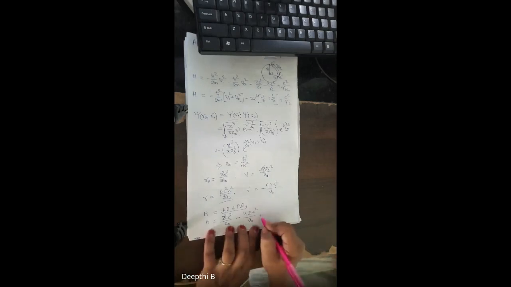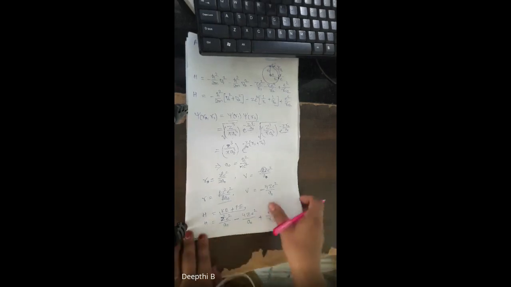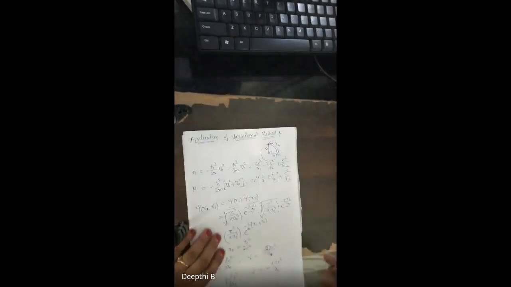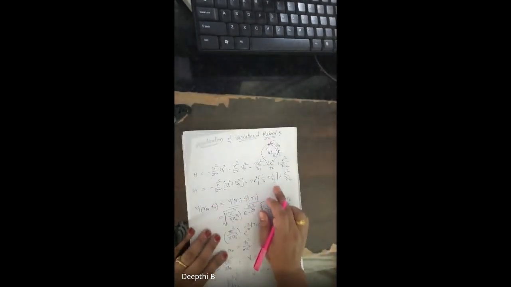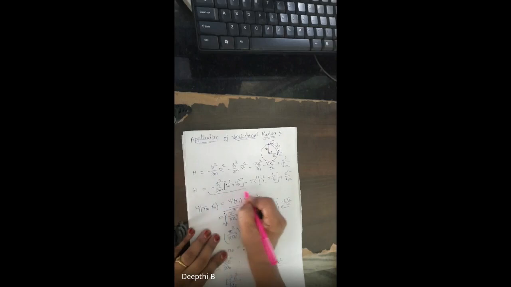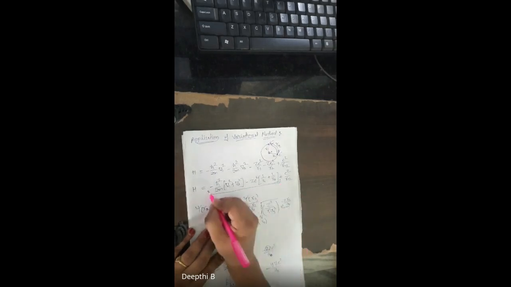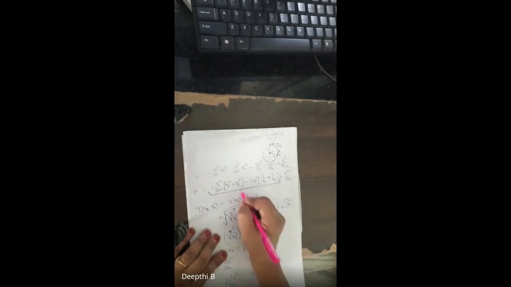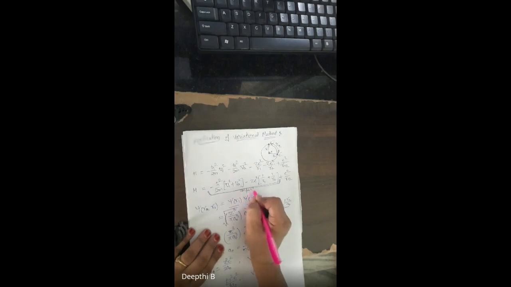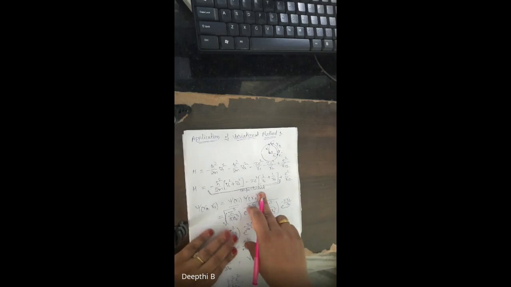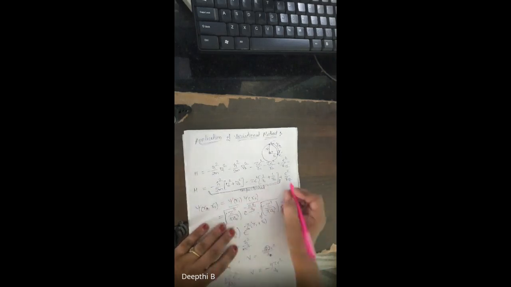Now for the first excited state or any perturbed term, we have to write one more term here, which is e square by R12. You know, in this equation the first two terms are the unperturbed terms. Unperturbed means non-disturbed.